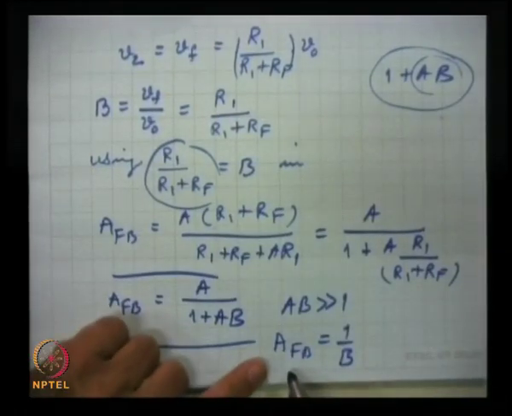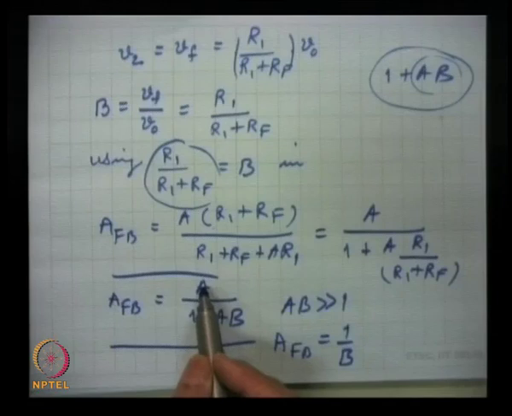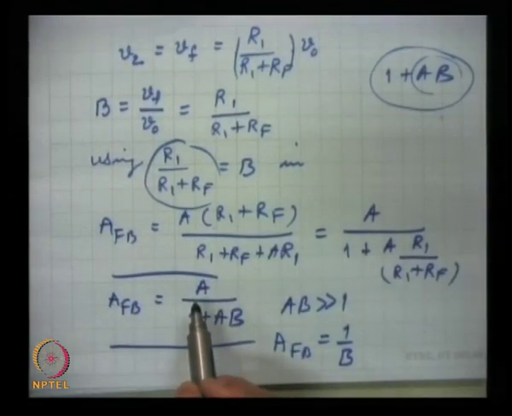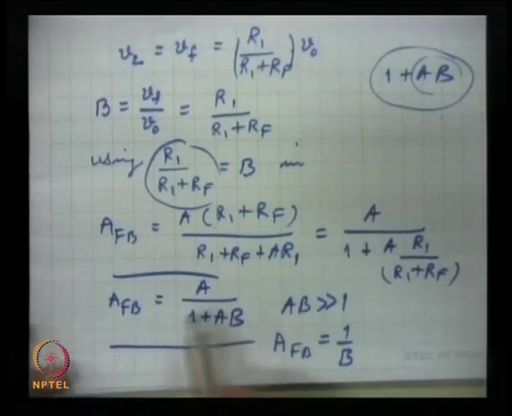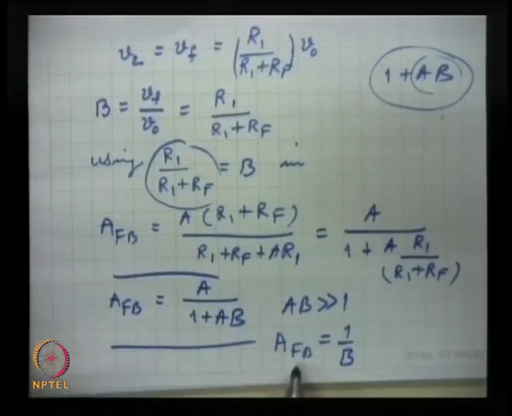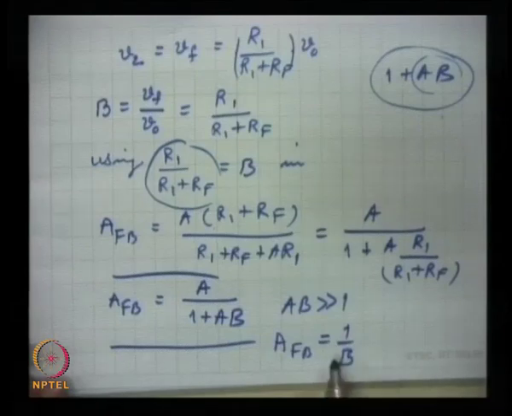The gain of the feedback amplifier op-amp does not depend on variations in A, which may vary because of aging or temperature or noise in the surroundings, whatever may be the reasons. But the gain of the non-inverting operational amplifier with feedback is stable and it simply depends on the B.